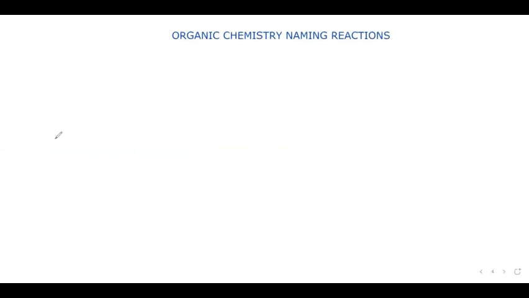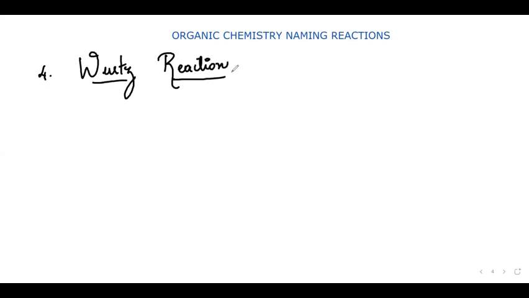Next reaction we are going to discuss. It's a very simple reaction called Wurtz reaction. What is the use of the Wurtz reaction? It's used to convert alkyl halides into alkane.